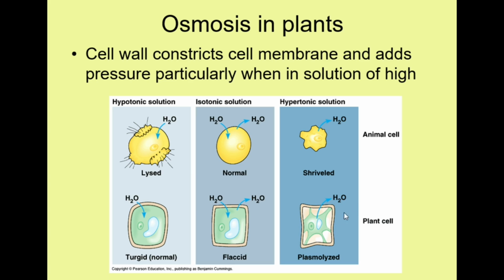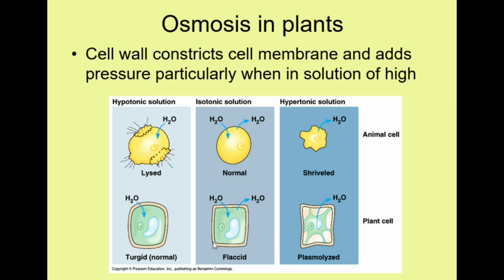Water will diffuse out of the cell, and that causes the plasma membrane to shrink and to shrivel away from the cell wall. And we call that plasmolyzed or plasmolysis. The cell will shrivel away and it becomes really, really limp, and basically the cell will ultimately die.